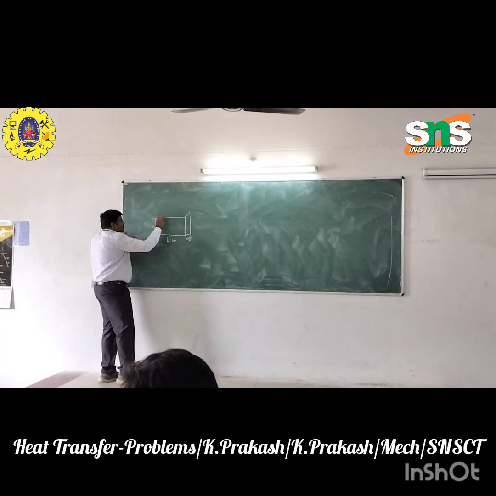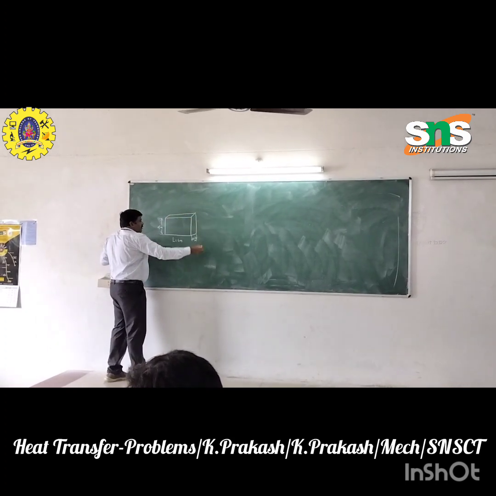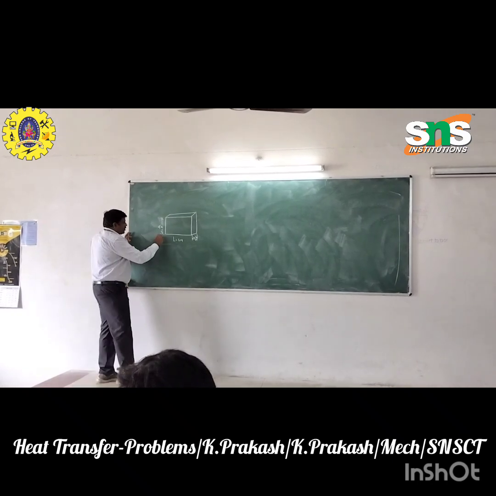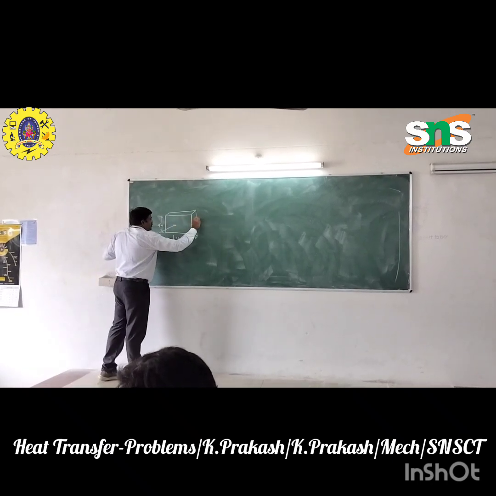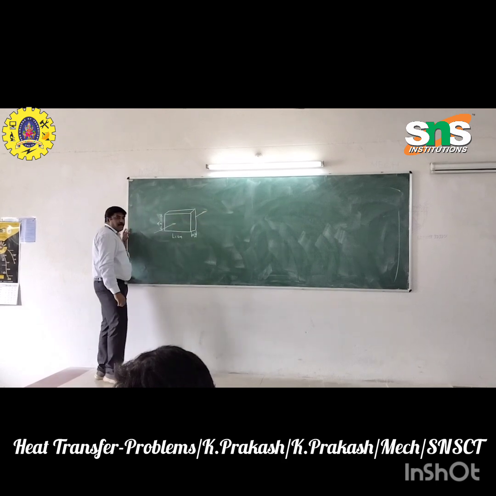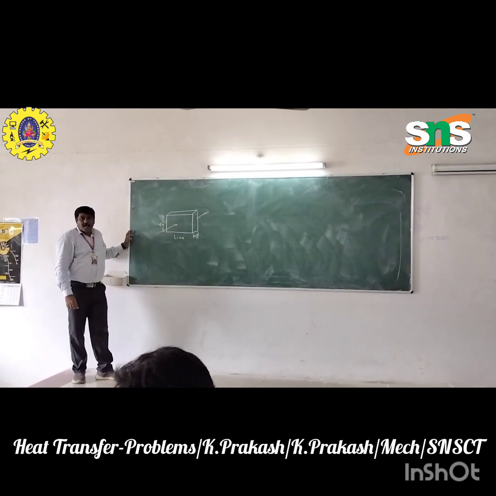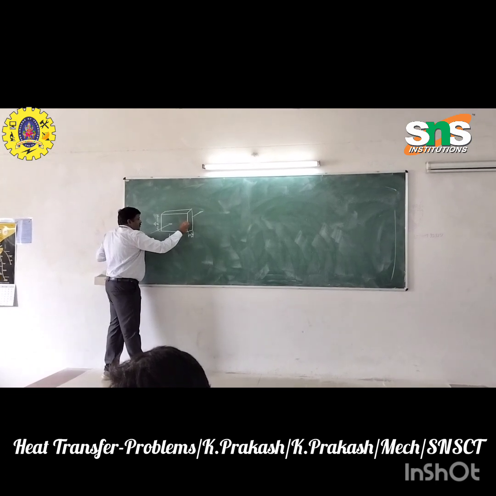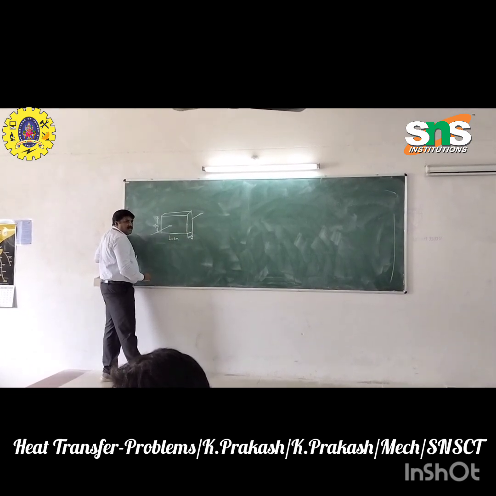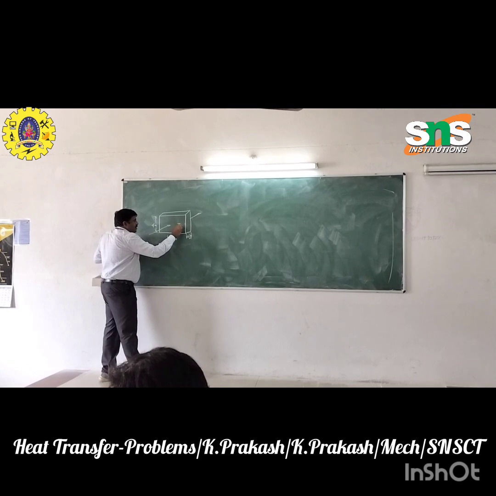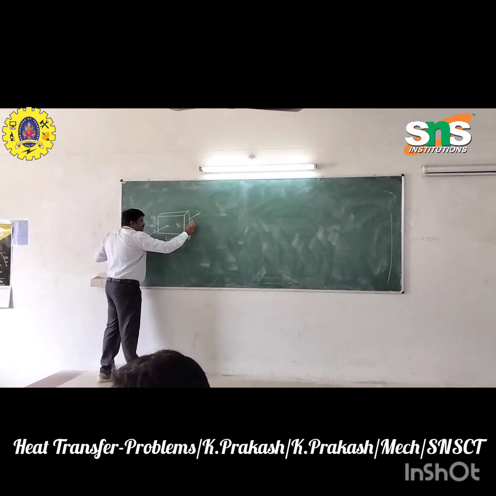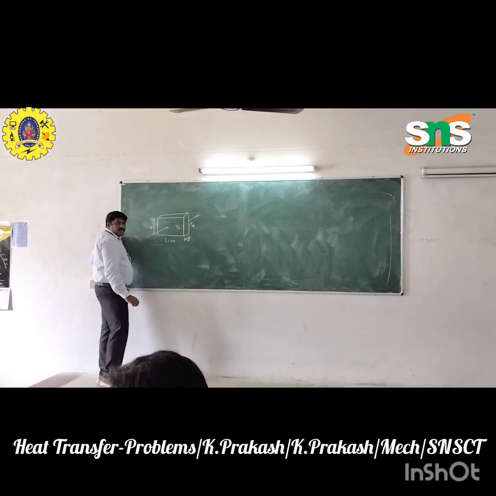Now what happens is heat transfer takes place through this plate. Initially the temperature here, this is the inner surface, you can take it as TA, and this is the outer surface, take it as TB.